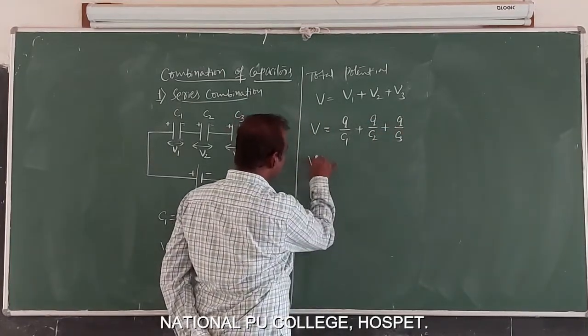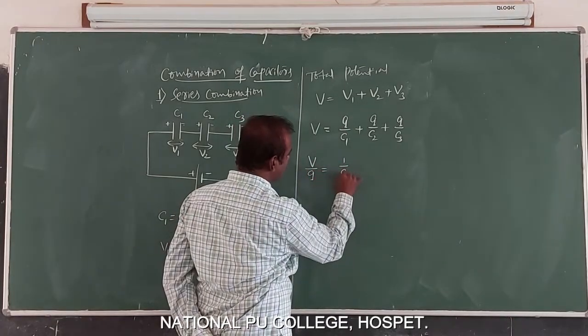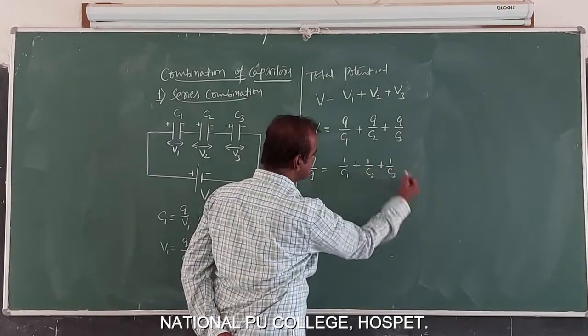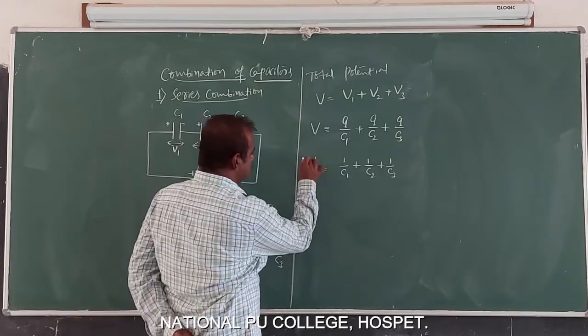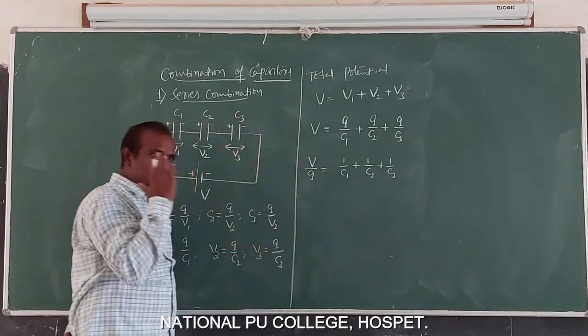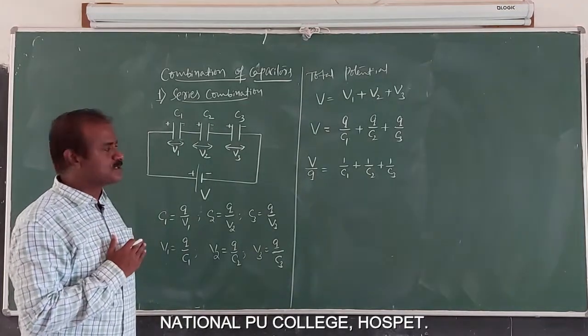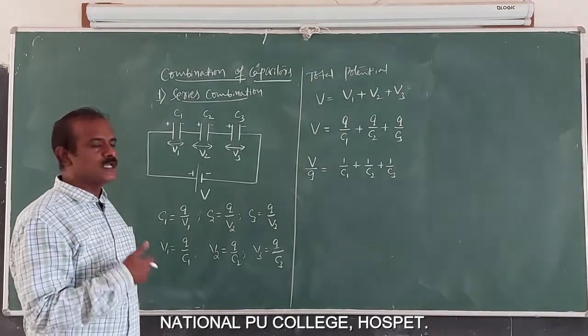Now what is common here? Q, and Q comes out. You are left with 1 by C1 plus 1 by C2 plus 1 by C3. Well students, what is V by Q? V is the total potential divided among 3 capacitors, and Q is the total charge and also the charge on each capacitor.